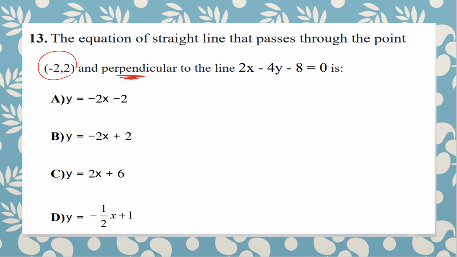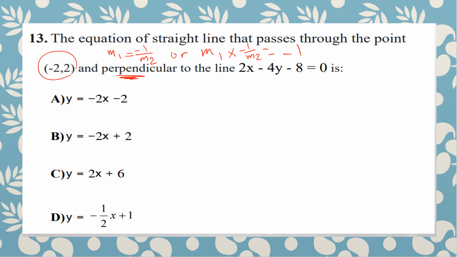Again, in order to make the two lines perpendicular, this means that m1 equals negative 1 over m2, the negative reciprocal, or m1 times m2 equals negative 1. By multiplying both slopes, we get negative 1.